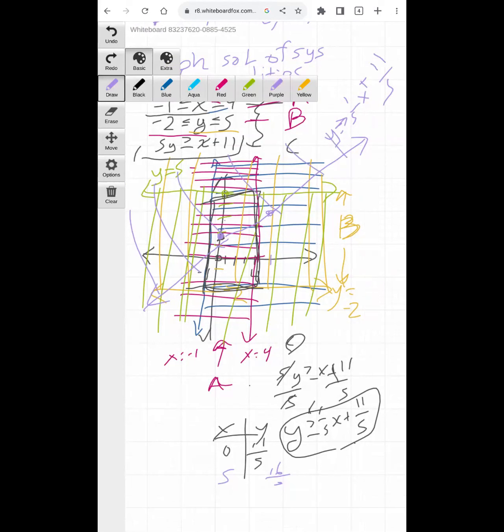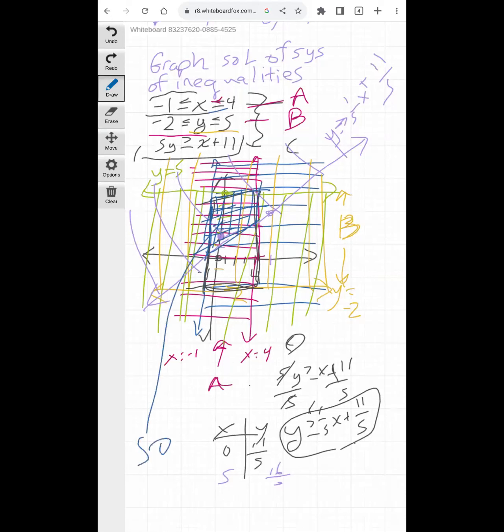The intersection of all of these inequalities, which is the solution, is kind of messy, but it's going to look something like this area right here. And this mess is actually what your teacher wants to see as the solution set for this system of inequalities.